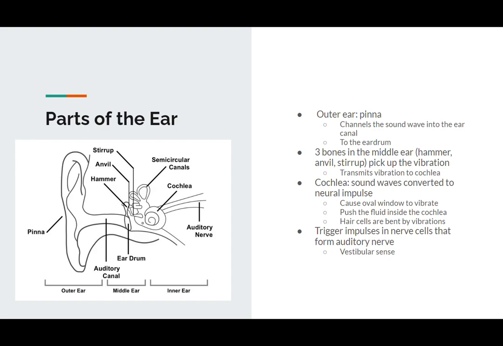Note that the inner ear contains the semicircular canals and the vestibular sacs along with the cochlea. We'll talk about this in the vestibular sense, which together with the kinesthetic sense makes up the body position sense, which is really key in how we control our body in space.